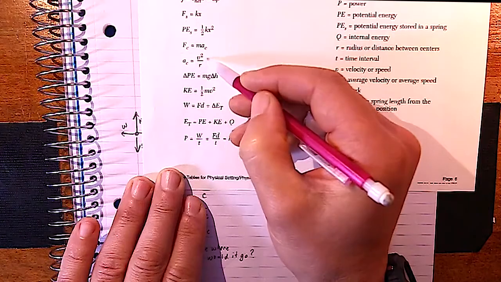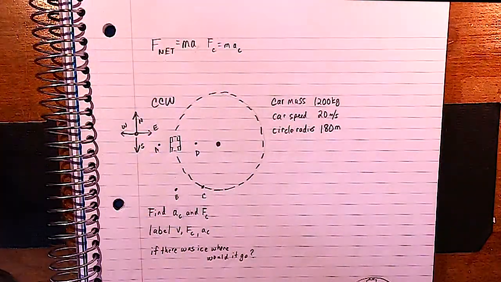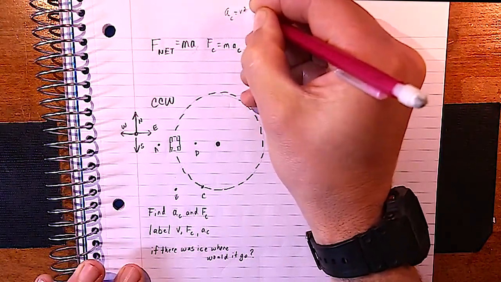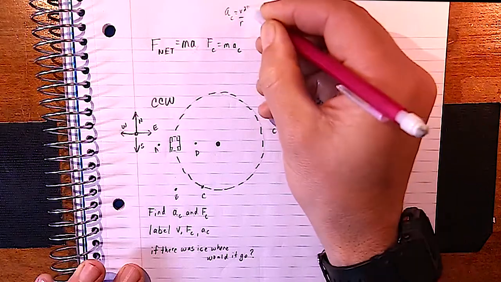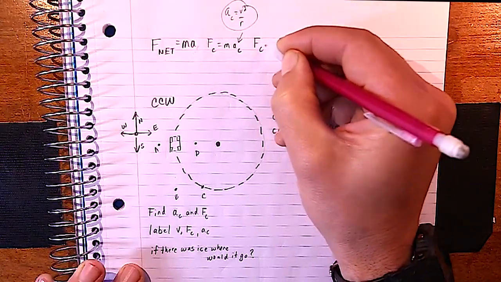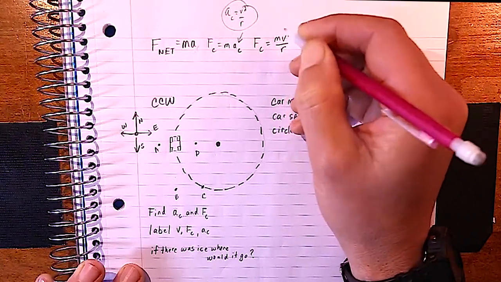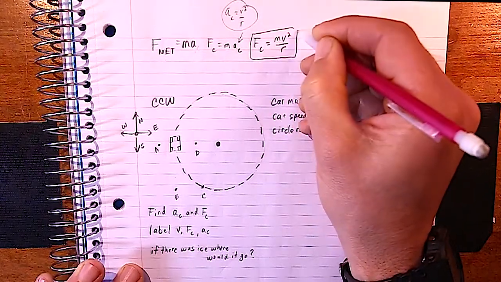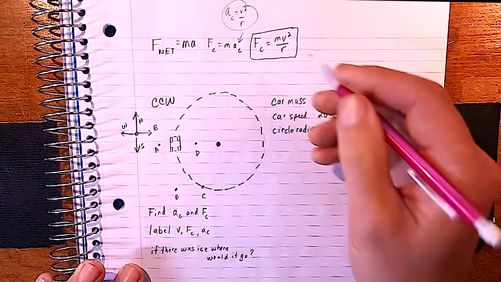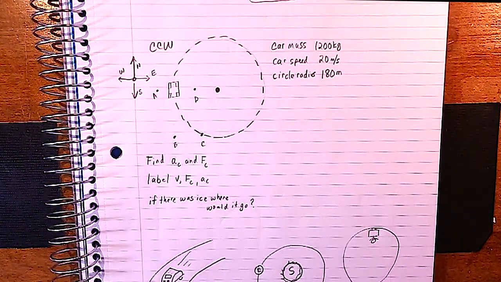So we can substitute in v squared over r for ac. If we do that, we have Fc equals mv squared over r. So this formula is not given on the reference table, but it is a way to solve for the centripetal force. So let's go ahead and solve a problem.